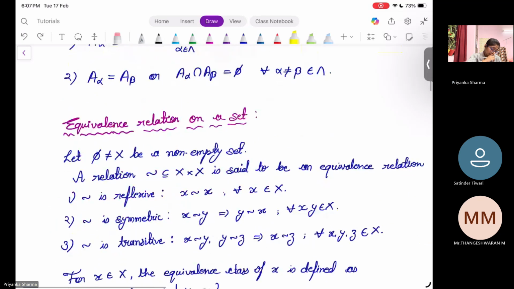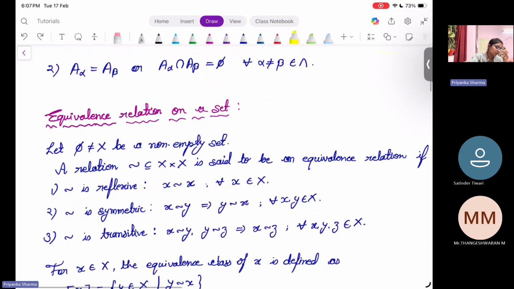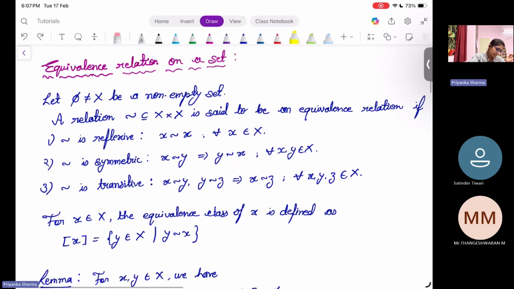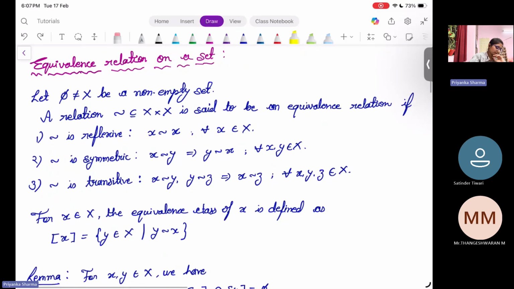Okay. Now, how do we define an equivalence relation on a set? Consider a non-empty set, say X. First of all, what is a relation? A relation is basically a subset of X cross X. That is, if we have a set X, the Cartesian product will be X cross X, where we have elements of the form, say, (x1, x2).